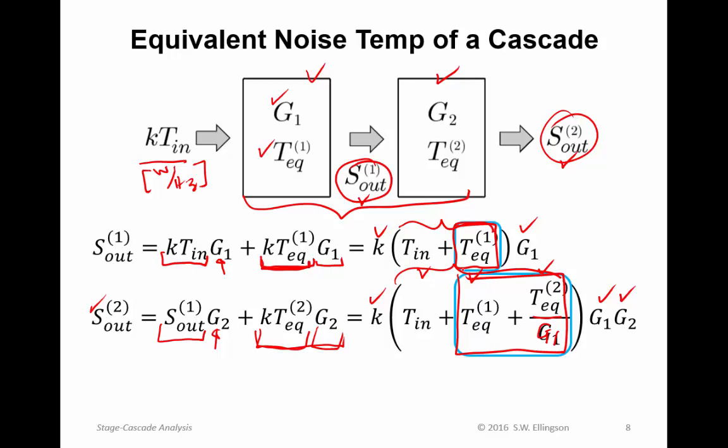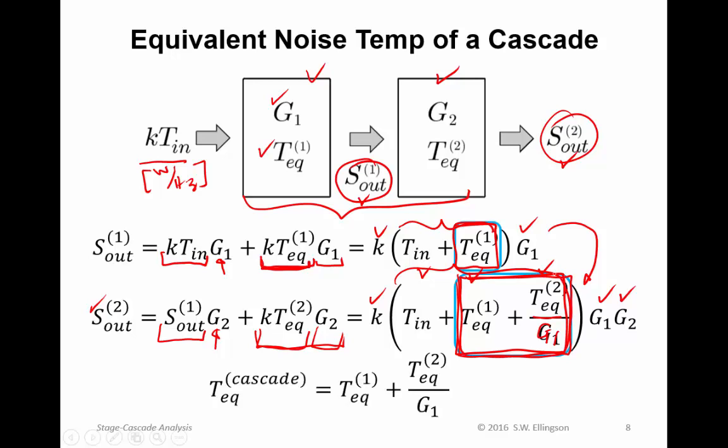So going from one two-port to a cascade of two two-ports, we see the only thing that's really changed here is this part of this factor. So I can conclude from that the input referred equivalent noise temperature of the cascade is simply the input referred noise temperature of the first stage plus the input referred noise temperature of the second stage divided by the gain of the first stage.